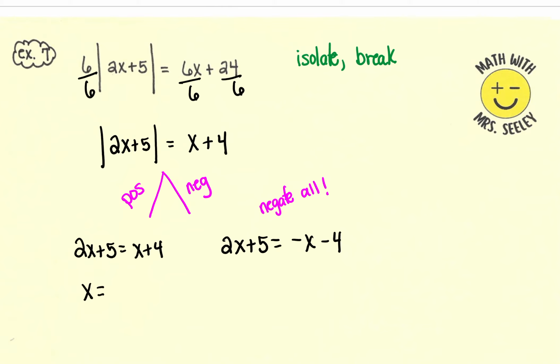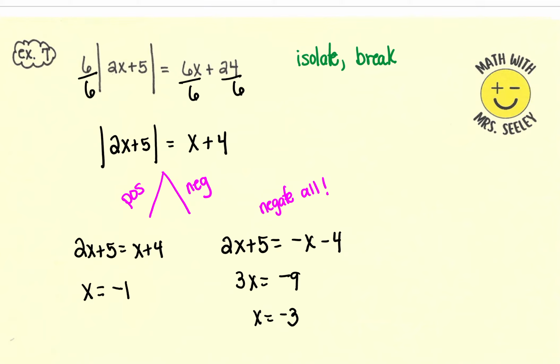Subtract your x over, subtract your 5 over, and you get x equals negative 1, but we'll check it to be sure. Then here we're going to add the 3 over, subtract your 5 over, so negative 4 minus 5 is negative 9, and x equals negative 3.